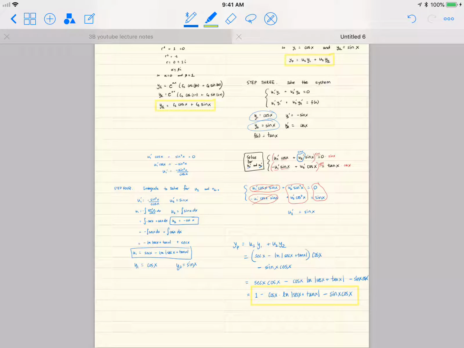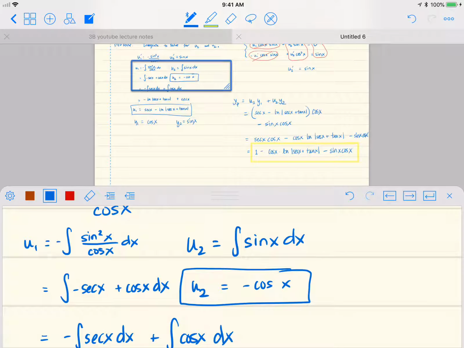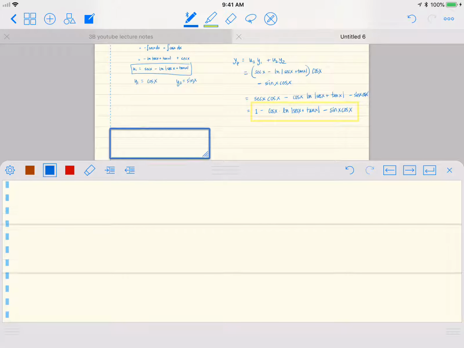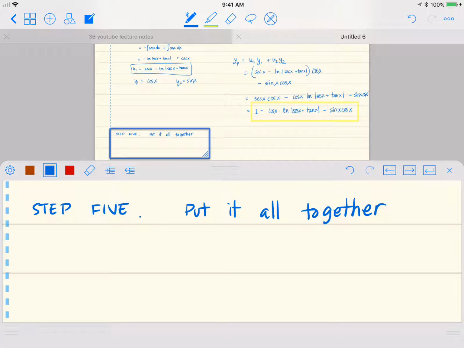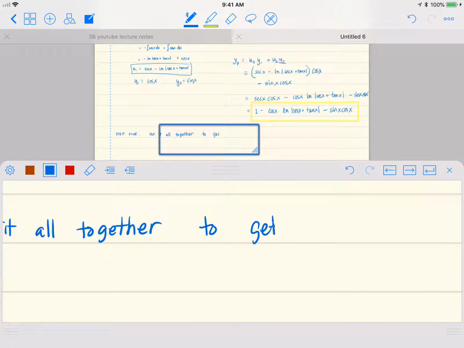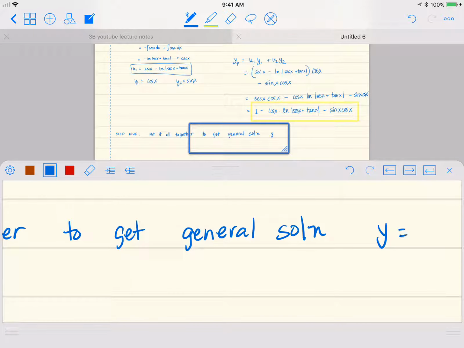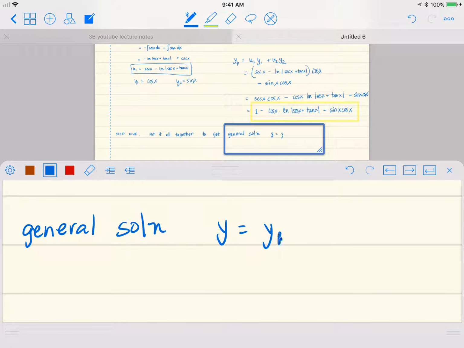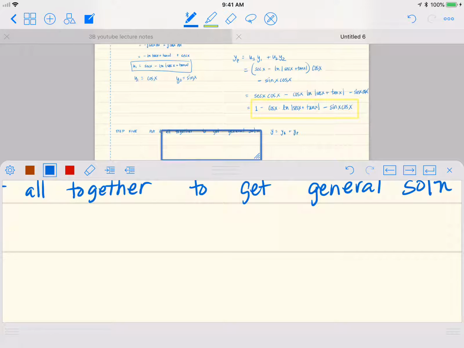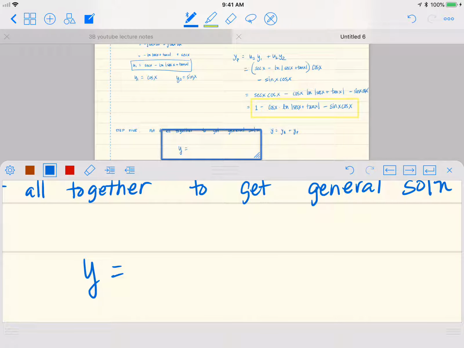Okay, and then now step 5 is to put it all together to get our general solution, which is y equals yh plus yp. So now y is going to equal yh.